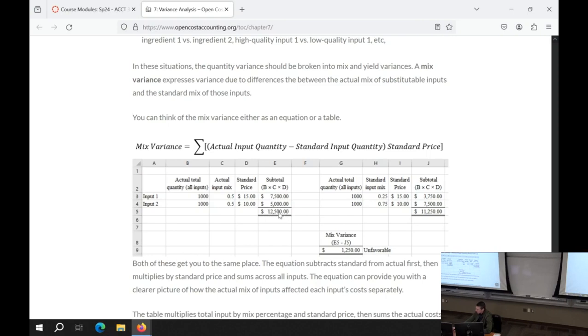So total, that is higher. Right here, $12,500. All right, you take the two, you subtract them away, you get down here, and that's the mix variance. That 12,500 minus 11,250 is a total of 1,250 unfavorable variance. It's E5 minus J5. That's our mix variance.